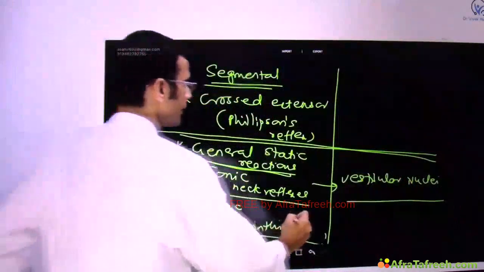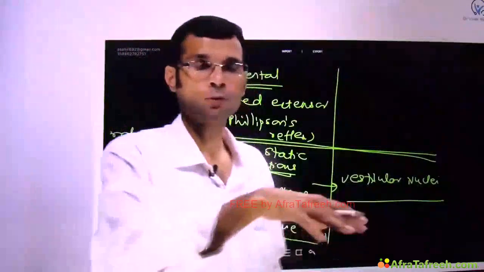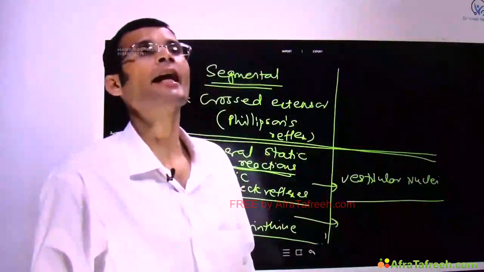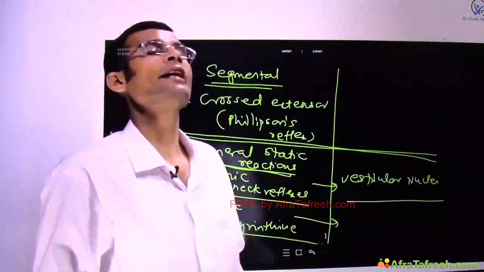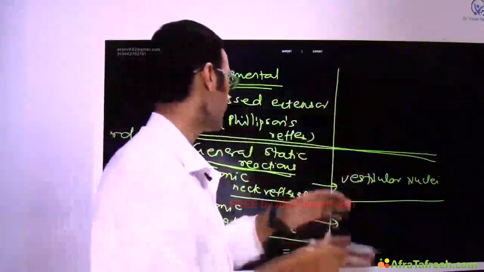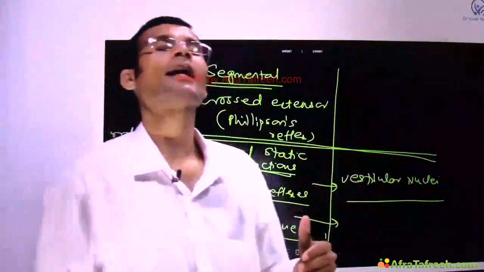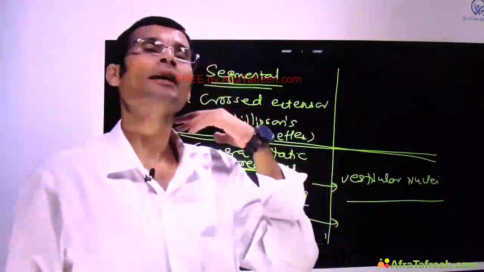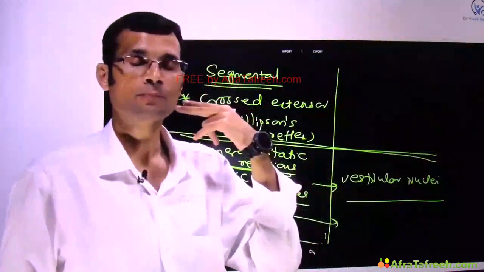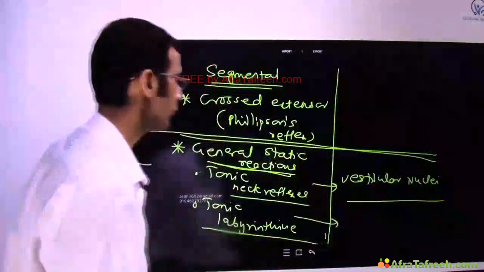Even tonic labyrinthine reflexes. Imagine the animal is placed on the floor or on the table and the head drops. As the head drops, there is immediately extension of all four limbs. That's tonic labyrinthine reflex, because as the head fell, there was a stimulation of the labyrinth and it resulted in extension of all four limbs.